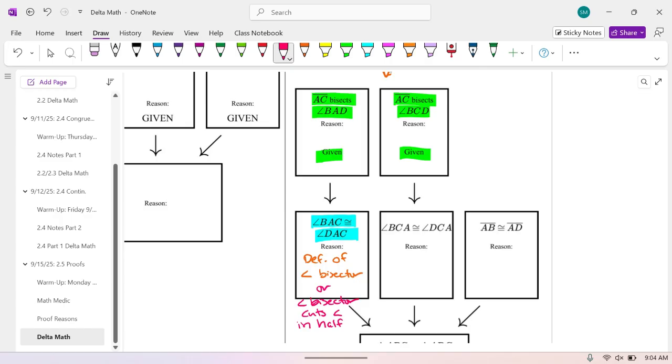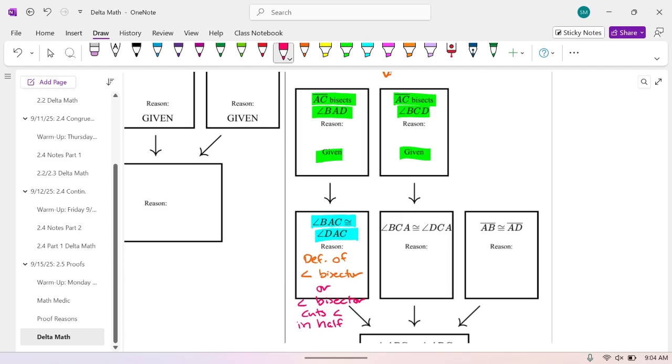More often than not, you'll say the definition of an angle bisector. But another way you could state it is an angle bisector cuts an angle in half, which is the actual definition of an angle bisector.